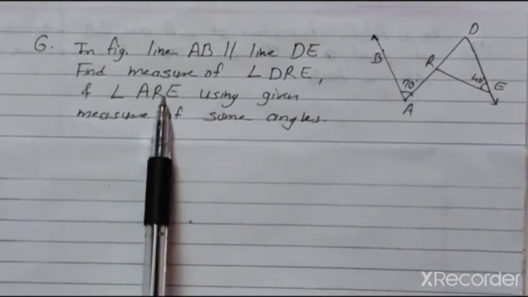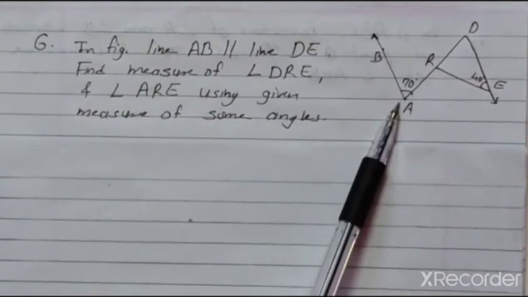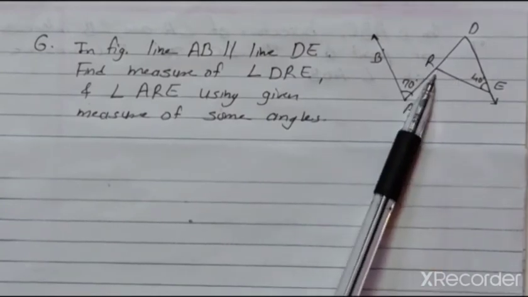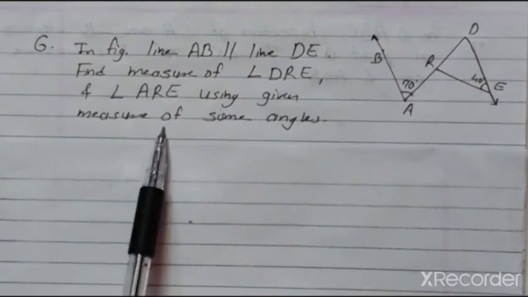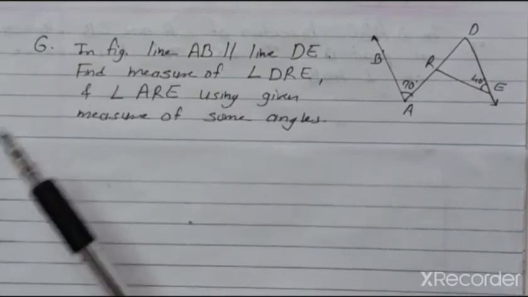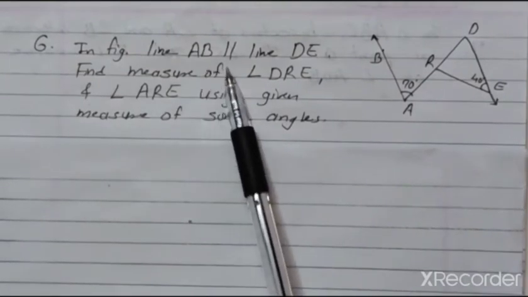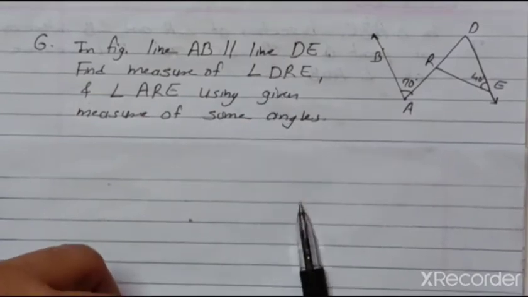And the second is angle ARE. Angle ARE means this exterior angle of this triangle, using the measure of some angles. Now we can use this given point to solve our question.